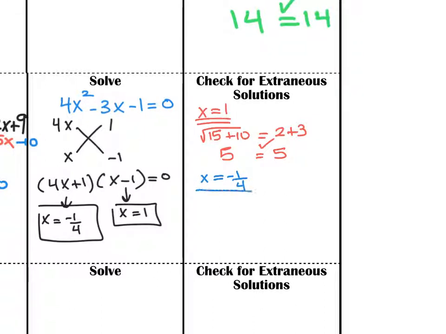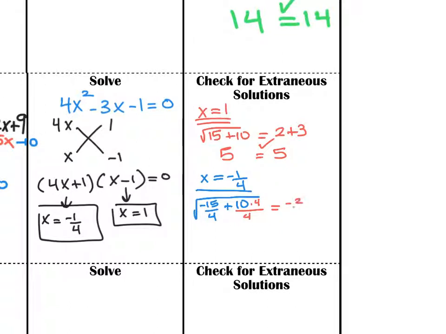Now a lot of you might say it's not going to work because it's a fraction, but it might. So you have to plug it in. So 15 times negative 1/4 is going to be negative 15 over 4 plus 10. Remember, in order for me to be able to add those two, I need to make it the same denominator. So I need to multiply top and bottom by 4. And then I need to check if that's going to be equal to 2 times negative 1/4.